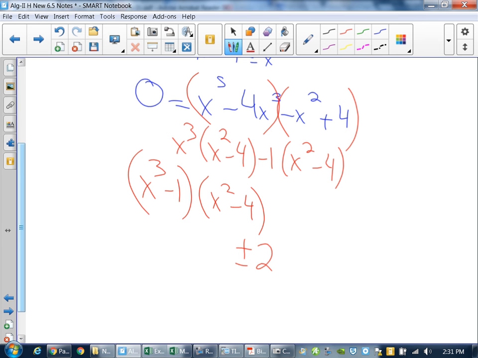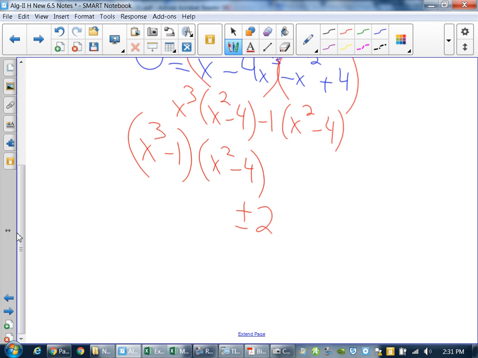It is going to be just 1, but remember, this is a difference of cubes. So if you set it through, that means it's x minus 1, x squared plus x plus 1. But don't get too much in the habit of that, because if it's a 4th root or a square root, you can wind up eliminating values.